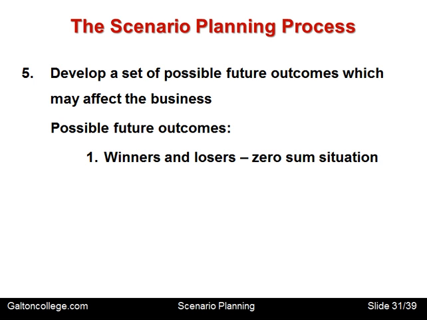So the sum total comes to zero. In other words, what the one loses, the other gains. That may be a situation. It's more likely the case when you're dealing with market shares, because the market share always adds up to 100%.